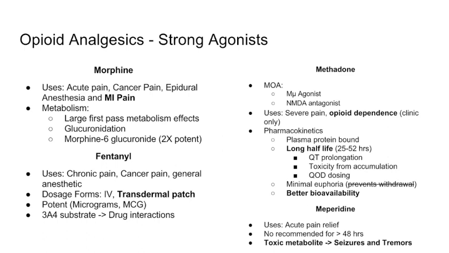So its forms are IV and transdermal patch. As I said before, it's probably one of the most potent out of these four. It's dosed in micrograms. And it is a 3A4 CYP substrate. So therefore, if you have inhibitors of the 3A4 system, some statins, you could see some drug interaction with fentanyl.